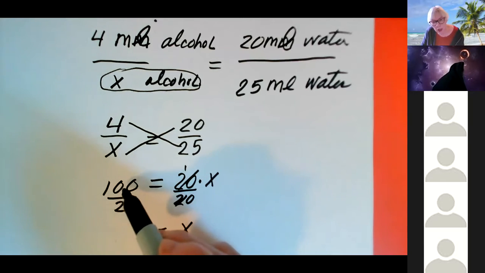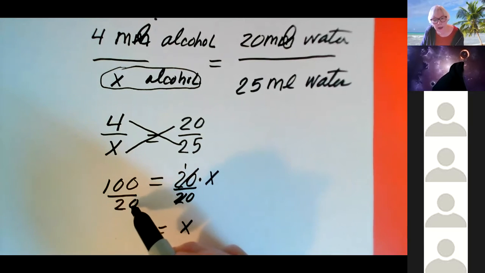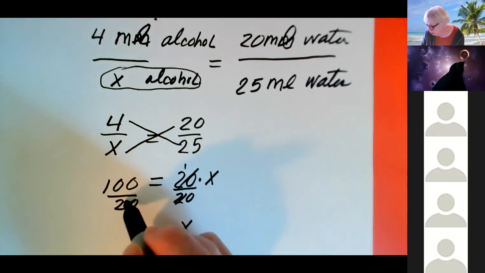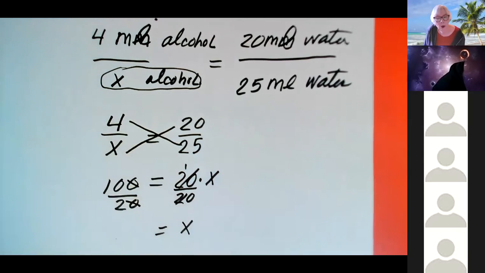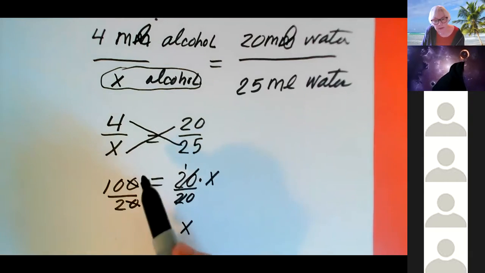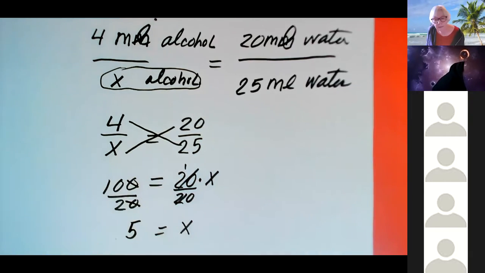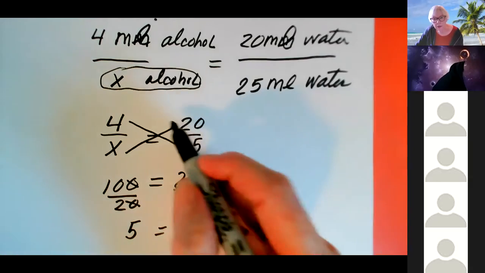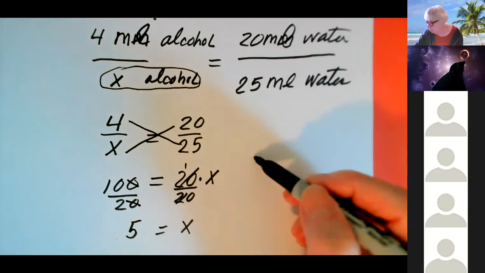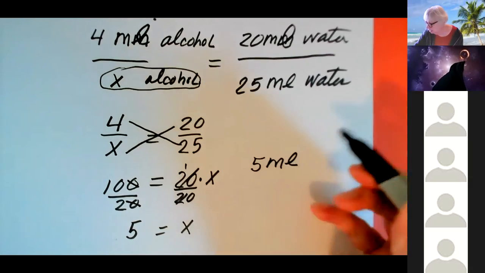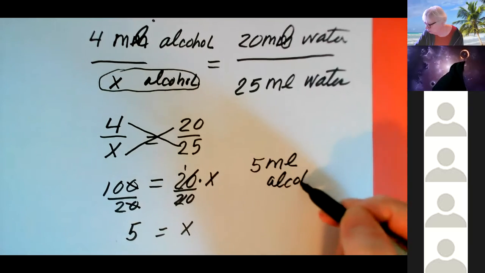I can't cancel out 2 zeros because I only have 1 here, but I can cancel 1 and 1. But you probably figured out this. 2 into 10 is actually 5. So the answer based on the original problem would be 5 milliliters alcohol.